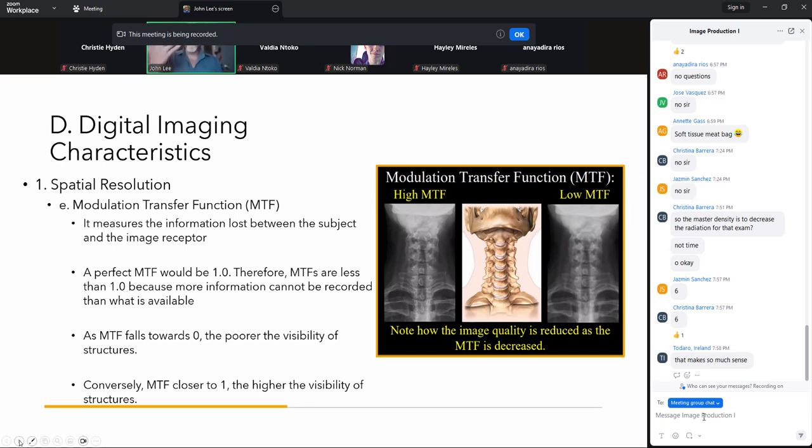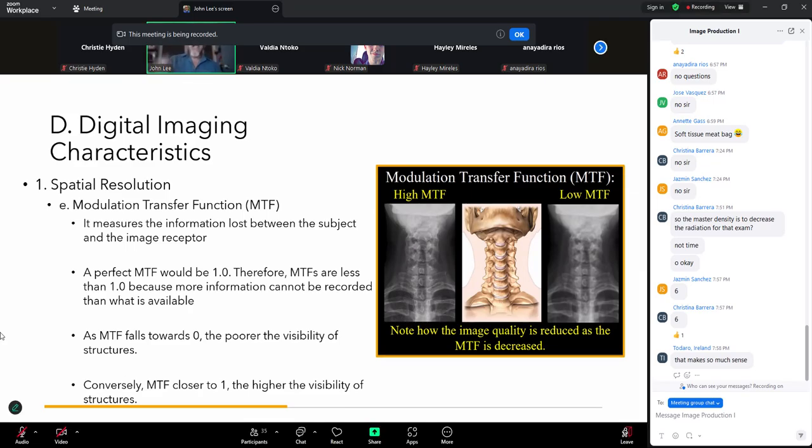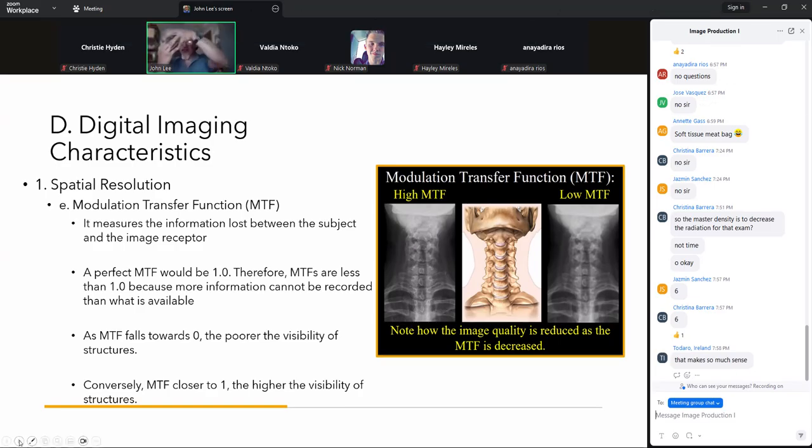So if this is 100% of the information, we're only getting a small percentage recorded in our image. Okay. That's what the modulation transfer function describes: how accurately the analog information, this physical form, gets represented in our digital image.